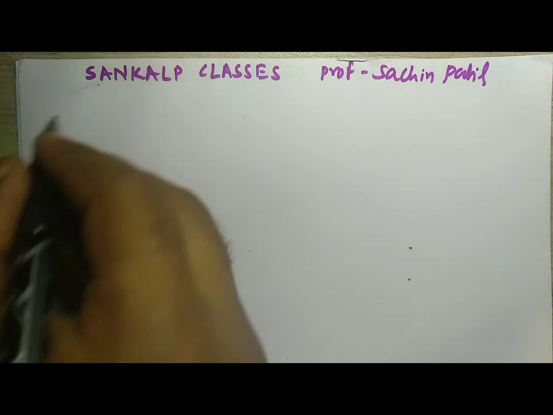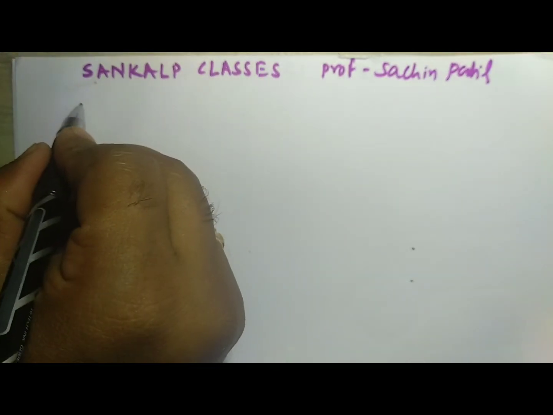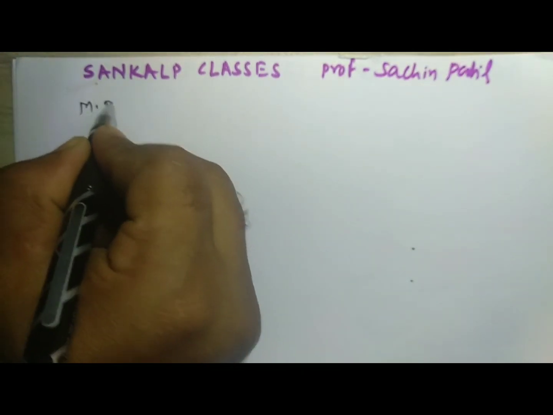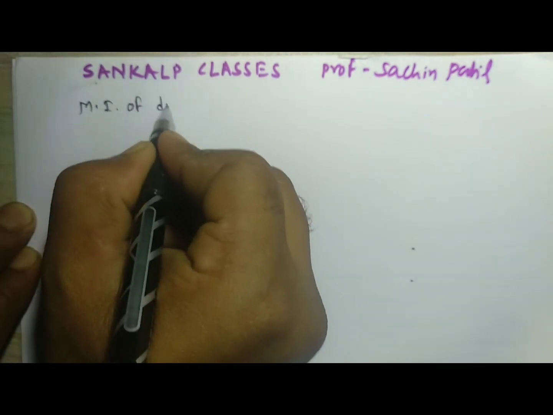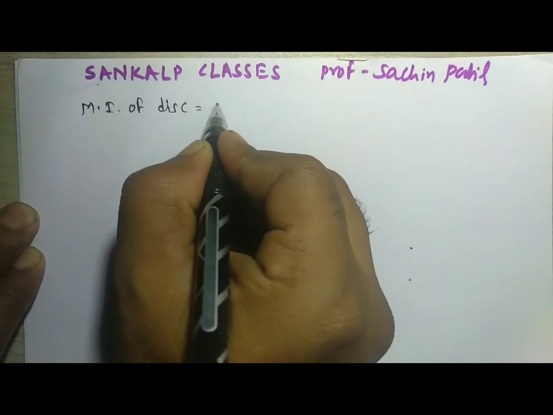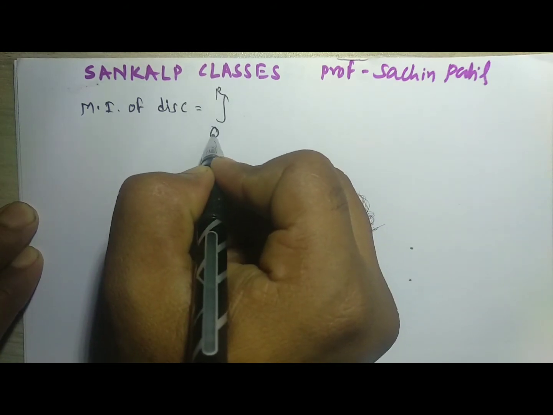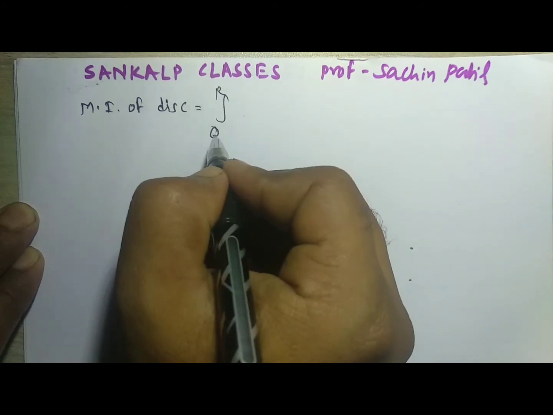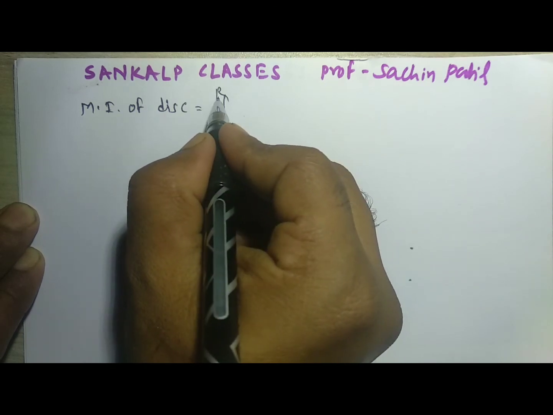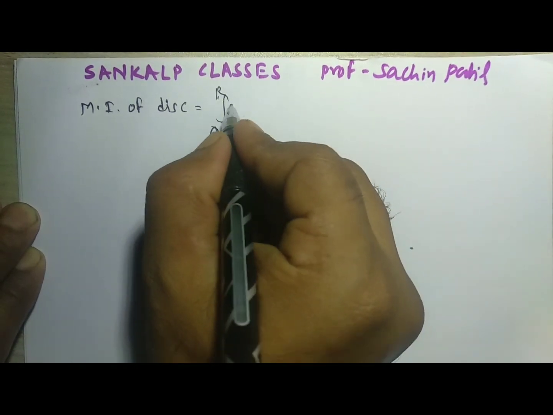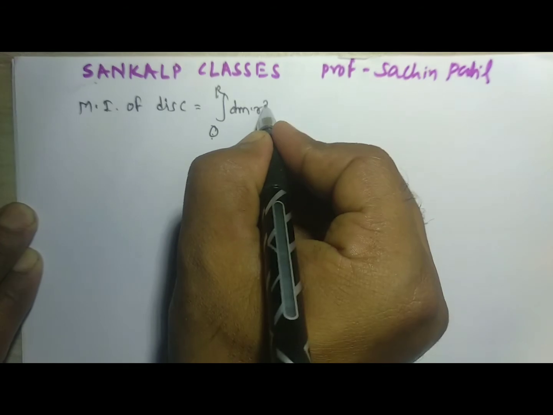Therefore we have to take the integration for the moment of inertia of the disk. Moment of inertia of disk is equal to integration from 0 to R of dm into r square.